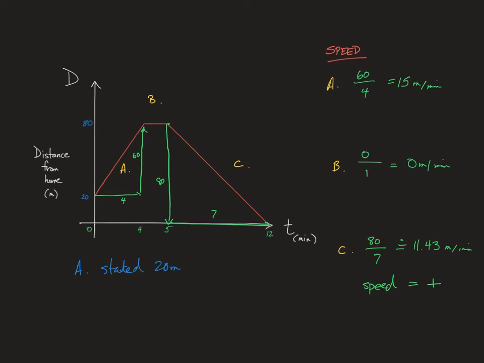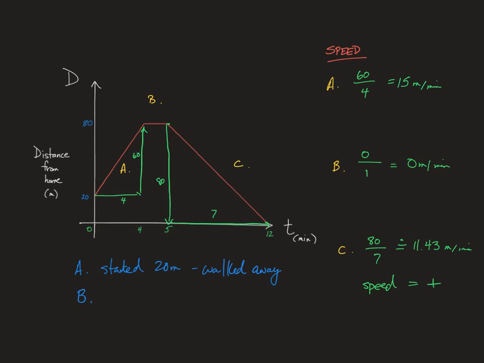So maybe we're at a neighbor's house, 20 meters away. And when we started time, we actually walked away because our distance from home increased. Maybe in segment B, we stopped for a second. Well, it only took 1 minute. So maybe we stopped in our position.